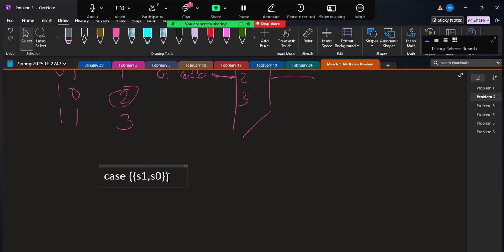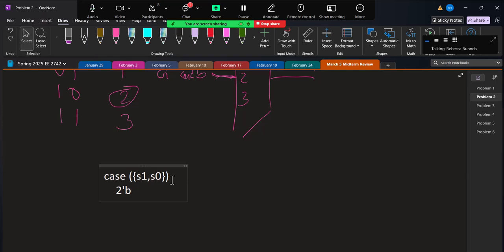My case statement is based on S1, S0 stuck together as a binary number. I know that there are 4 possibilities here, and this means 2 bits in binary.